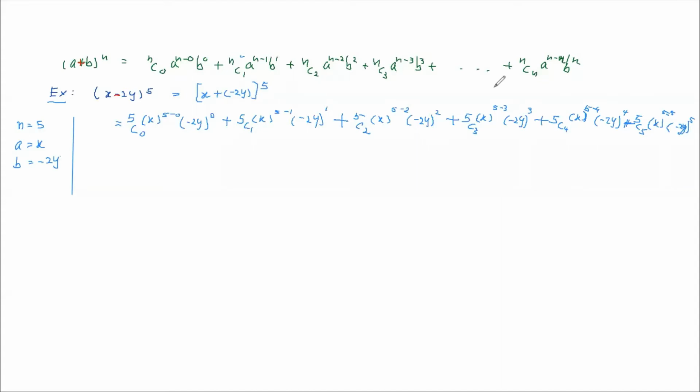Maybe I write it clearly here: this is minus 2y power 5.